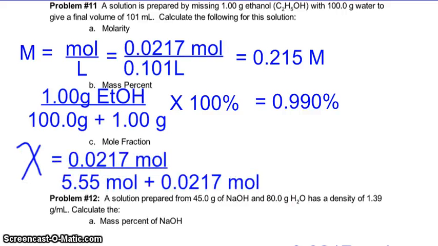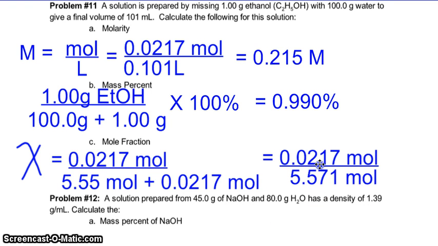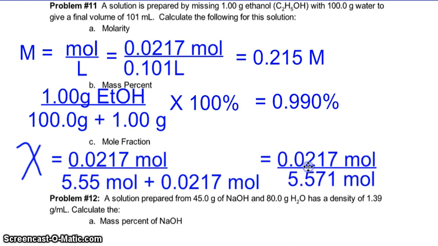So the mole fraction chi is equal to the moles of the ethanol, which is 0.0217 moles, divided by, notice again, you have to add those two mole values together. So it's the moles of water and the moles of ethanol. So what do you get there? Well, I added those two together and I got 0.0217 moles divided by 5.571 moles.